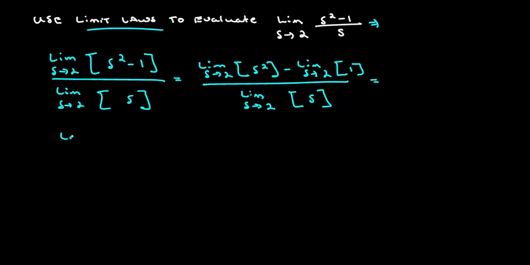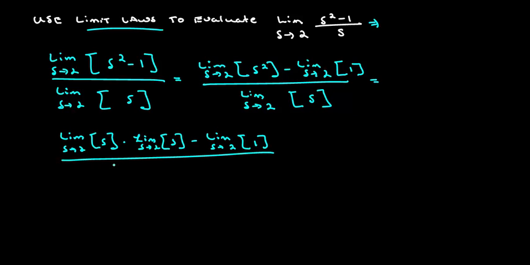So this is going to be the limit as s approaches 2 of s times the limit again as s approaches 2 of s, minus the limit of this constant here, all divided by the limit as s approaches 2 of s. So here we've used an addition subtraction rule, and then over here we've used the product rule.